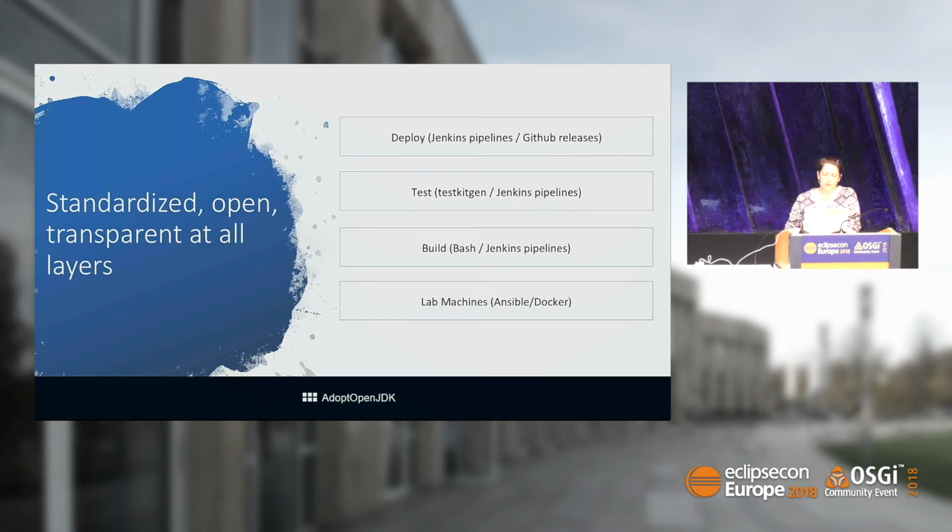So for build, we actually use bash scripts and Jenkins pipelines. For test, we have a very thin layer of, I will barely call it a framework, but it's a layer to make all of the different tests that we bring from around the world come together and look like the same type of tests to an automation framework, and in fact to developers who we want to be able to easily run testing on their laptops or in their own labs.